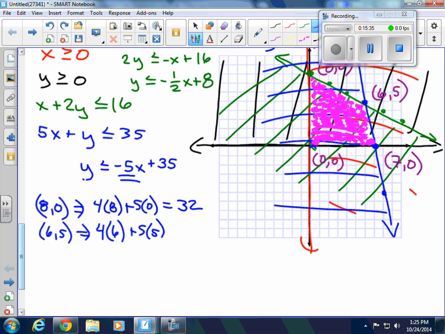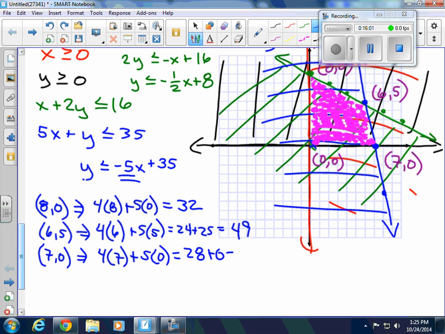So we're going to have 24 plus 25, which is 49. Then we're also going to put in 7, 0. That's 28.